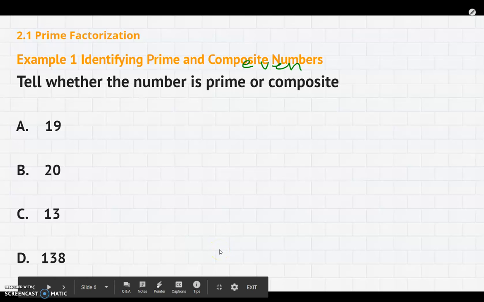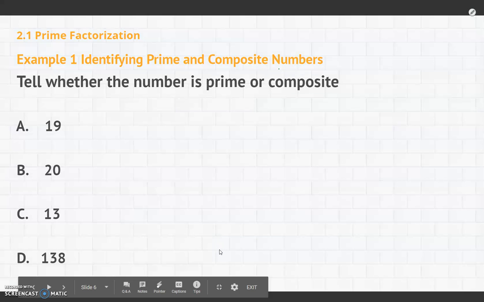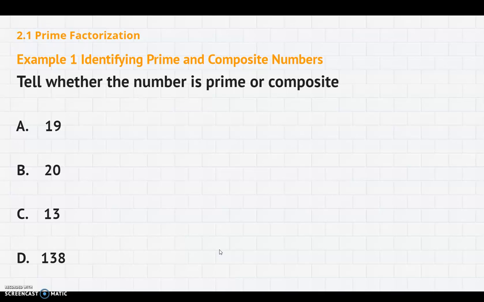So we can see this in example A. We're going to decide if 19 is prime or composite. So I could go back and reference those divisibility rules on the previous slide to see if I can divide 19 by any of those numbers. Right now I know 2 factors of 19 are 1 times 19. Is it divisible by 2?